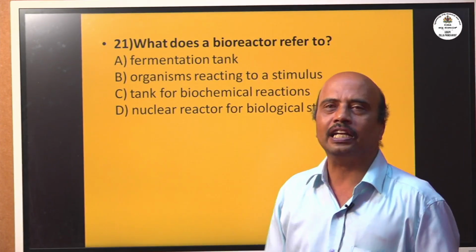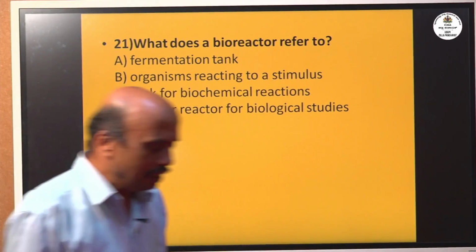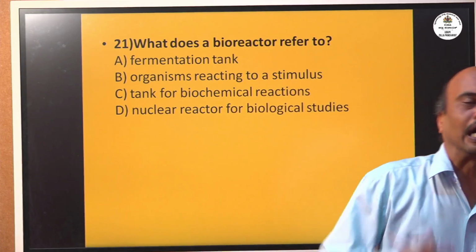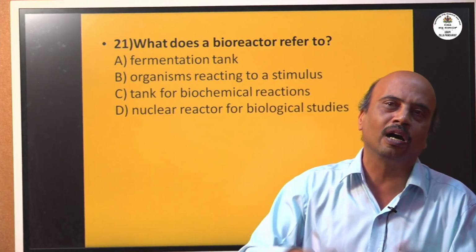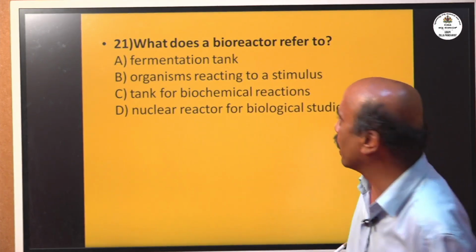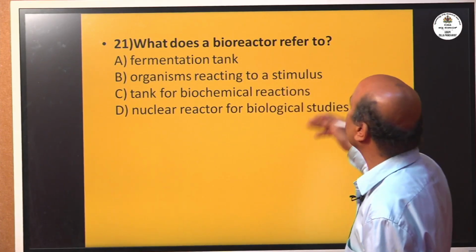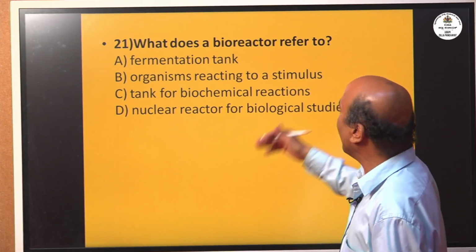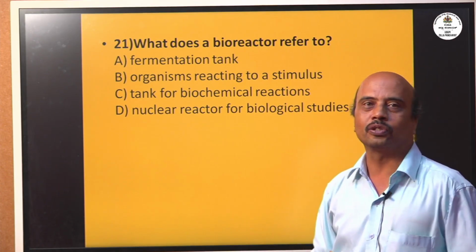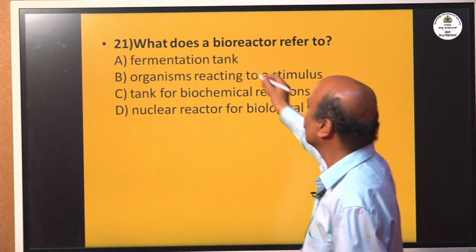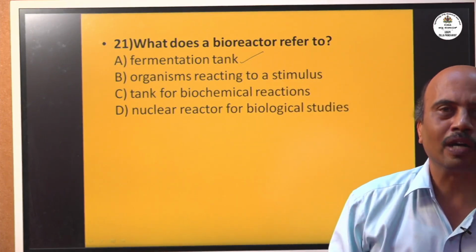So a bioreactor is a large vessel where raw materials are converted into useful products by using enzymes, plants, animals or even microorganisms. That is called a bioreactor. The options are fermentation tank, organisms reacting to a stimulus, tank for biochemical reactions, and nuclear reactors for biological studies. It's a very simple answer, that is a fermentation tank.